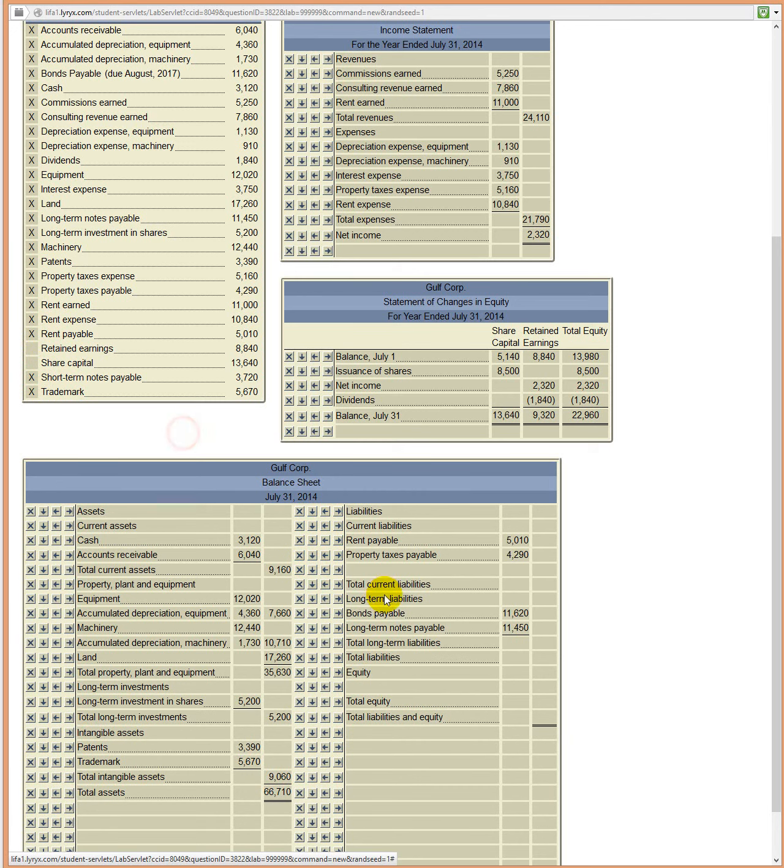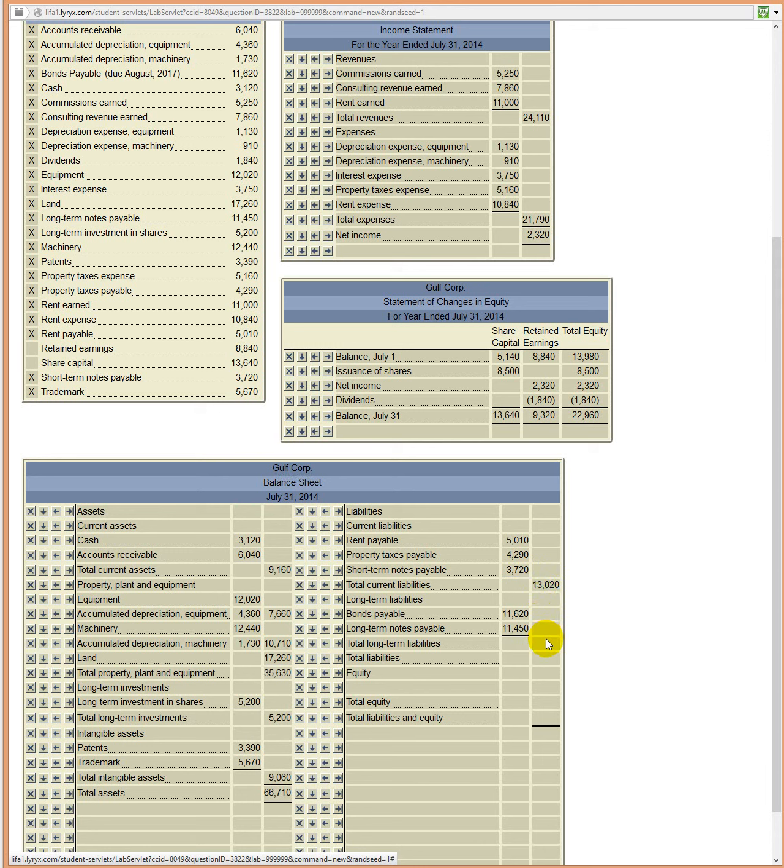Short-term notes payable would also be current liabilities for 3720. So now we can add those together. And we can add the long-term liabilities. And then add the total liabilities.